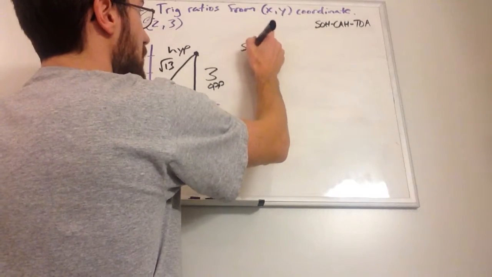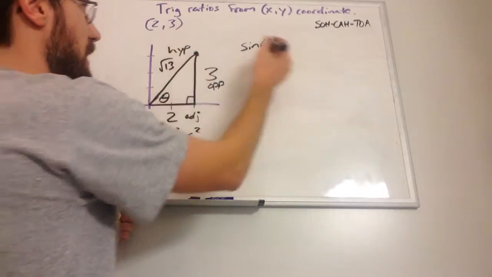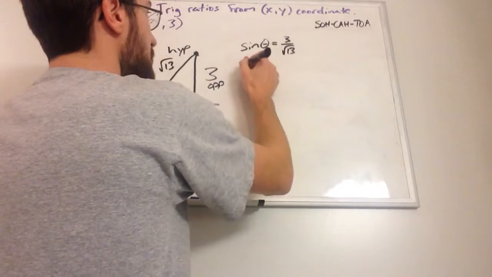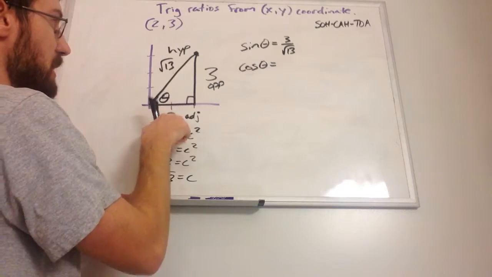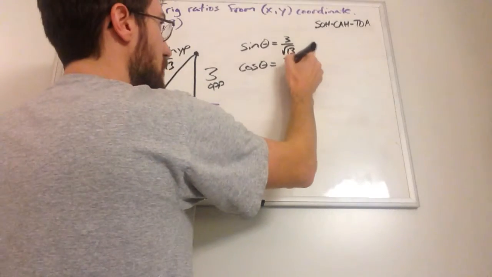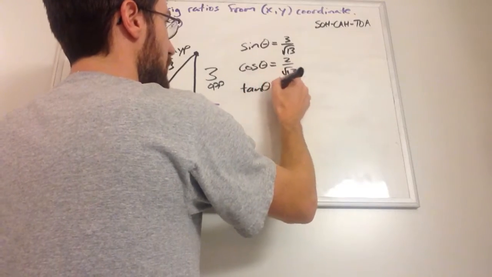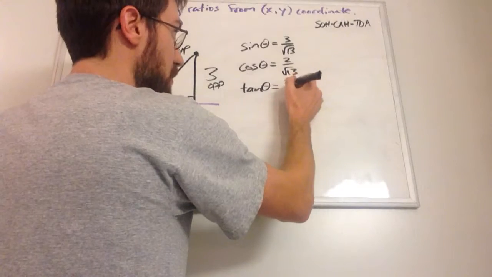Sine of theta is going to equal opposite over hypotenuse, 3 over the square root of 13. Cosine theta is going to equal adjacent over hypotenuse, so 2 over the square root of 13. Tangent theta is going to equal opposite over adjacent, 3 over 2.